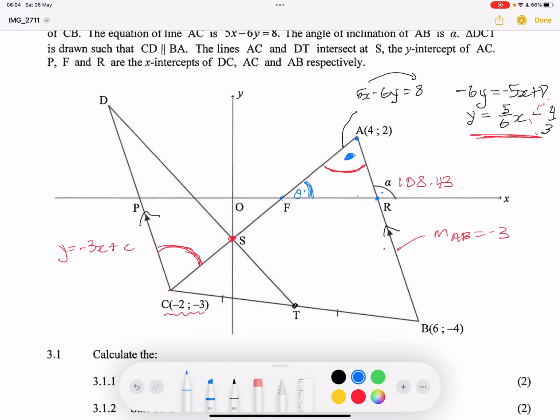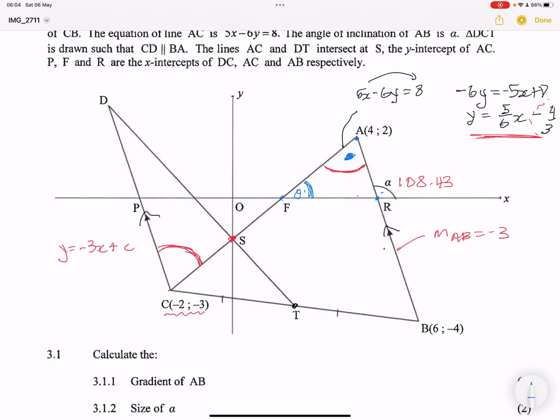The exterior angle of a triangle is equal to the sum of the opposite interior angles. So I know these two angles put together should be equal to angle alpha. Please keep that in mind. Otherwise, you could also use the sum of angles in a triangle by finding this angle over here. So you could also do that. Let's do that very quickly.